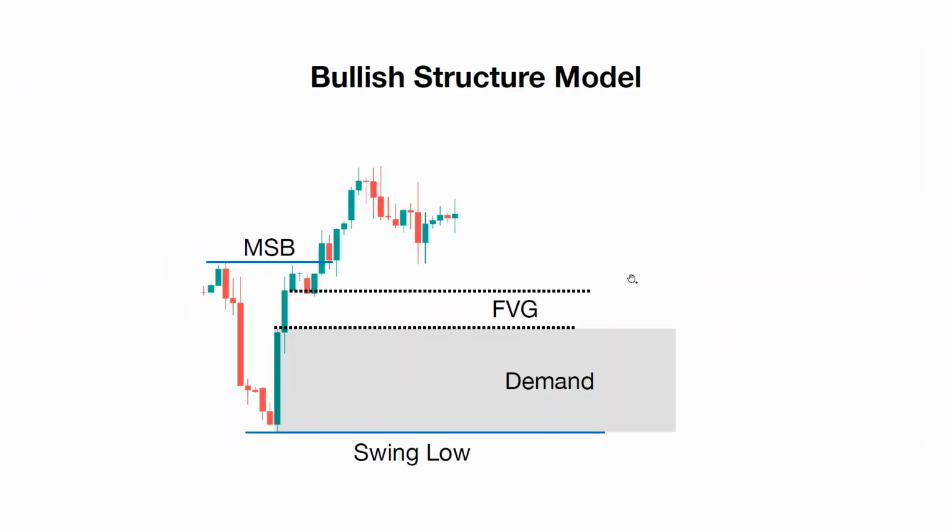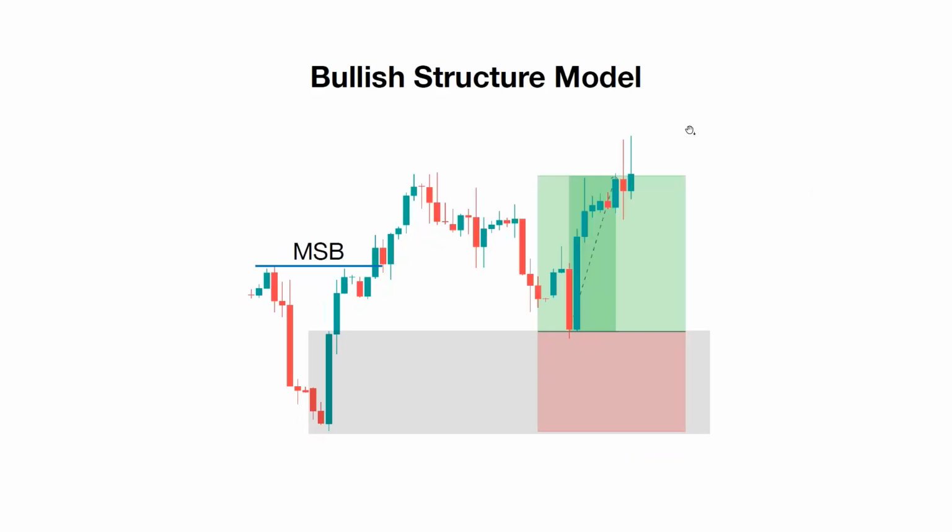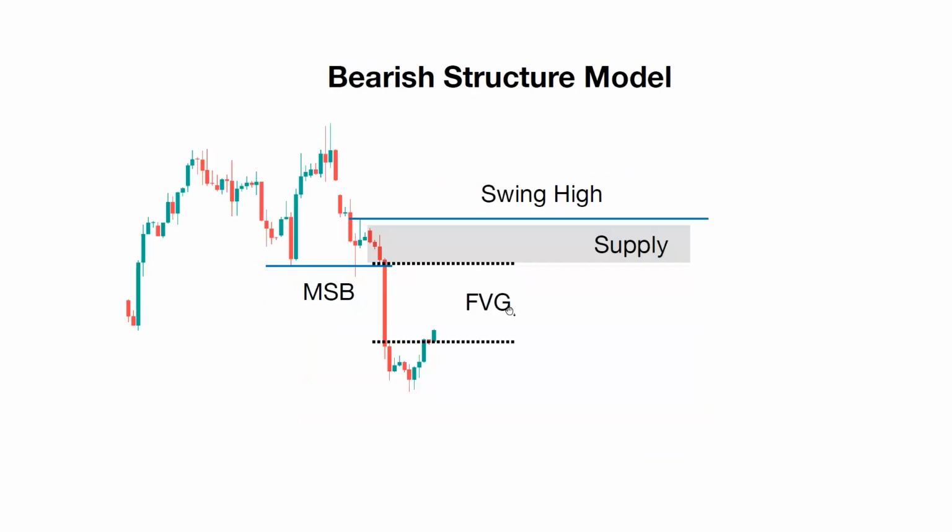Okay. Now, once you have that order block identified, the following steps of entry are very, very straightforward. You put your entry near the order block, your stop loss at the previous swing low, your target at your previous swing high. In this bullish market structure example, very nice little trade over here. Opposite side, right? You have a bearish market structure broken.